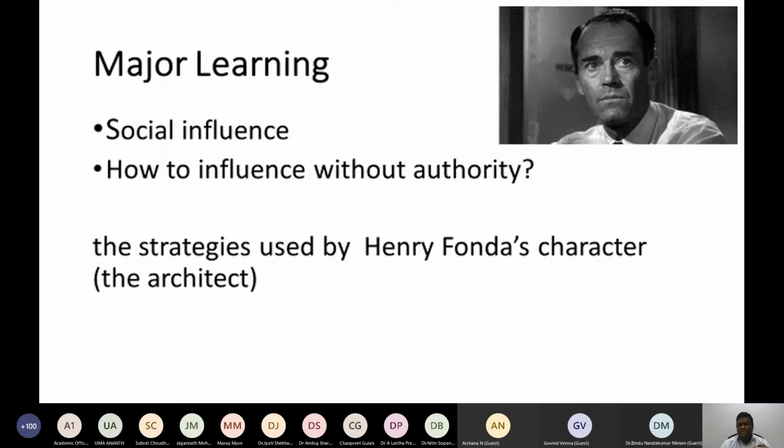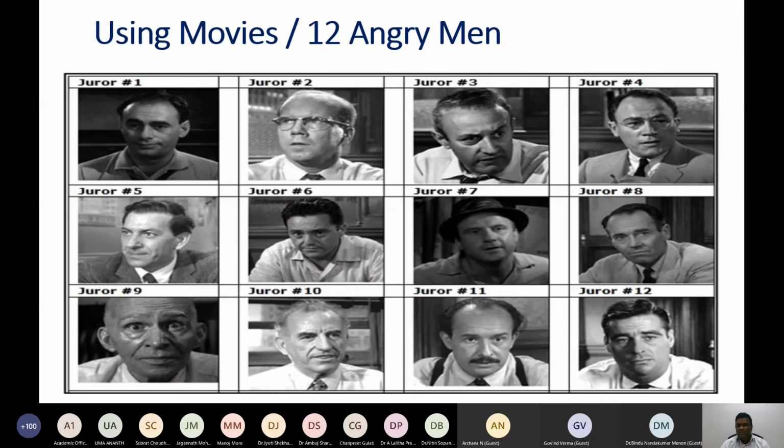The story is like that: they have to sit together and decide about some convict, whether to give the punishment or not. All 12 members should agree on one decision. That is the catch. It's not majority or minority. All 12 should agree, yes, this guy is a criminal, or no, this guy is not a criminal. That is the plot of this movie.